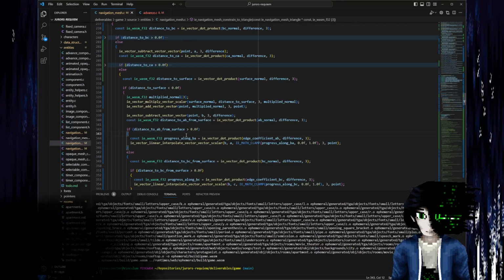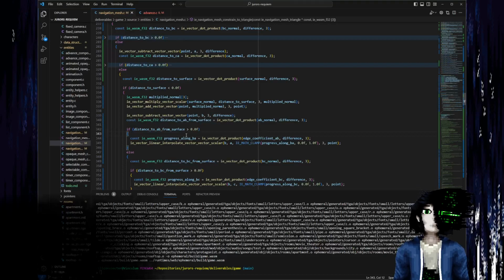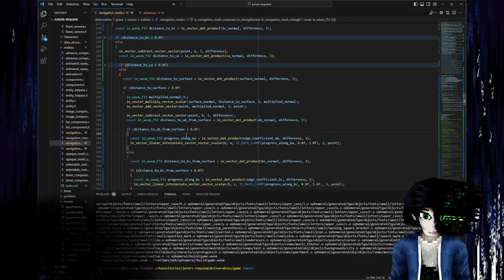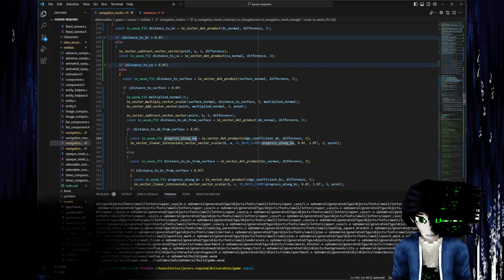We're doing a dot product with the edge coefficient, which should give us the unit interval of how far along the edge we are. So hang on a second here, just letting the old brain turn over a bit. So we're at point B, and we're doing a dot product with that normal, which should, but it's not actually a normal, but you know, give us the progress along AB, but backwards because we're sampling it from the wrong end.